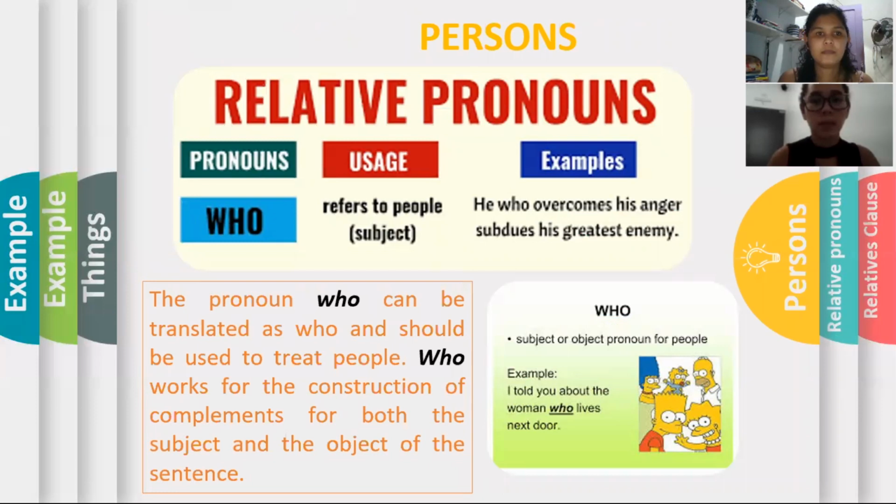Relative pronouns about persons. The pronoun who can be translated as quem and should be used to refer to people. Who works as a complement for both the subject and the object of the sentence. For example, I told you about the woman who lives next door.